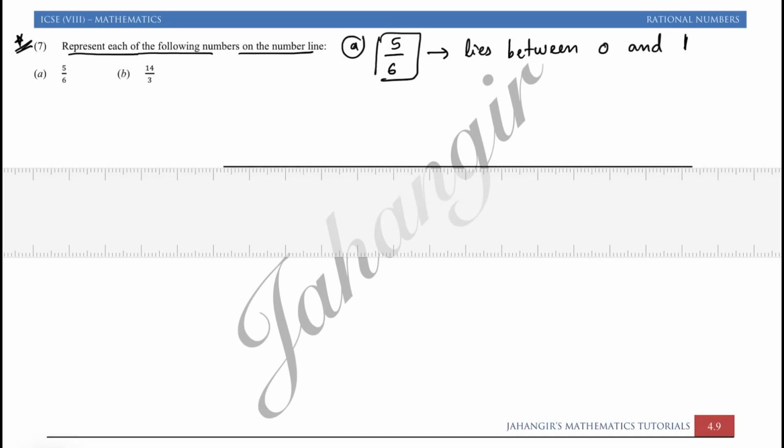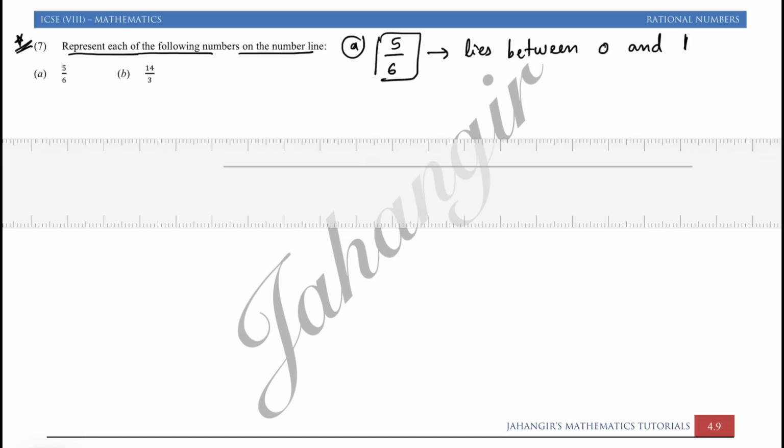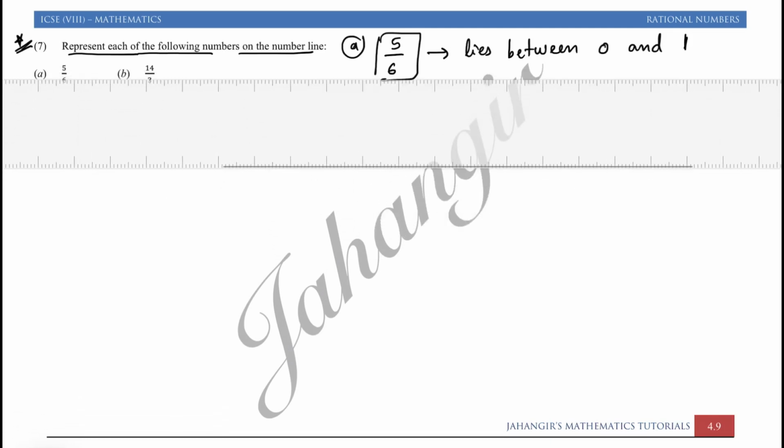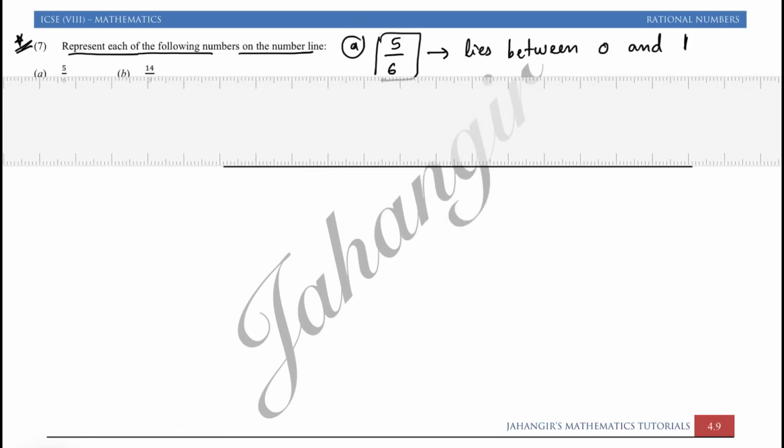Straight line. Let us draw the marking. If I am considering this as 0, then 1 by 6, this is 0, big marking. 1 by 6, 2 by 6, because we need to make 6 parts. 3 by 6, 4 by 6, and this is 5 by 6, and this is 6 by 6.